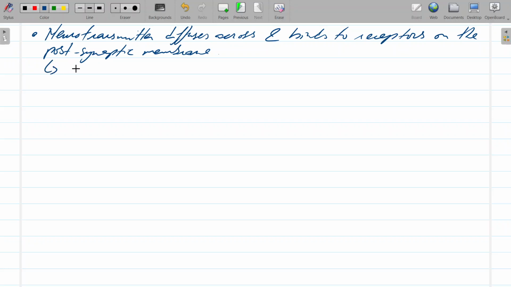And what that does is initiate an action potential in the postsynaptic nerve fiber.